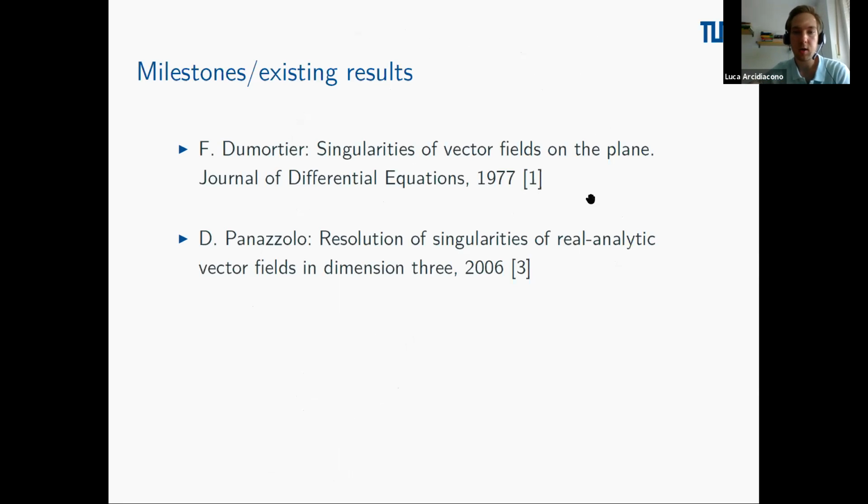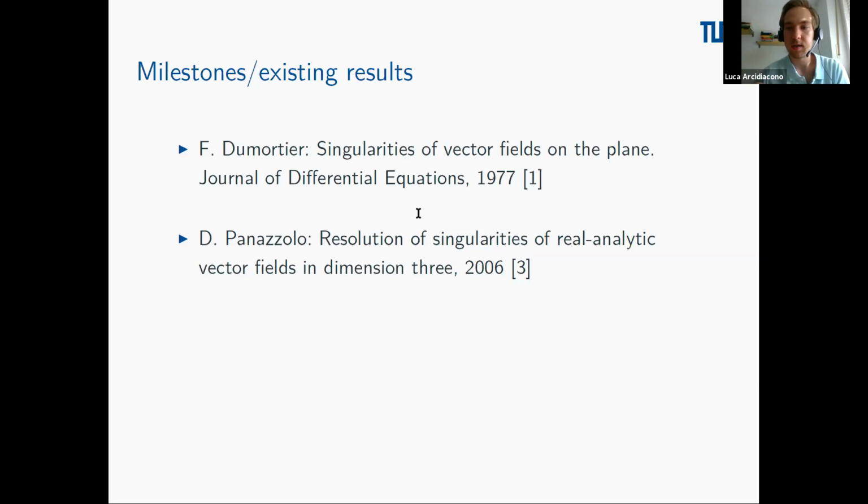In dimension 2, this was shown by Freddy Dumortier in 1977. And quite recently, it was extended into dimension 3. The aim of our work is to find something which lies in between these two cases, namely something which is more than dimension 2, but a little less than dimension 3.